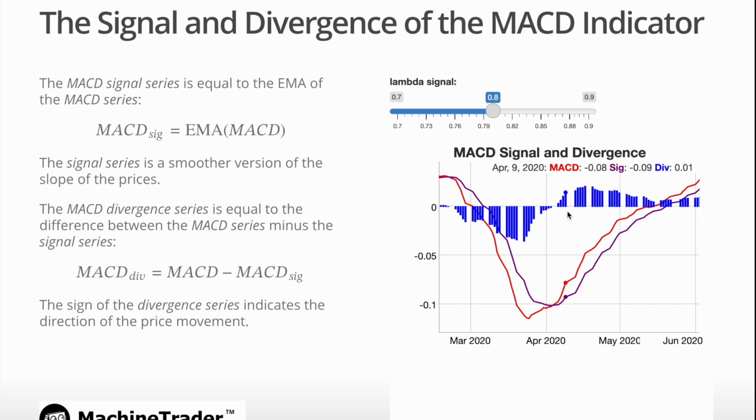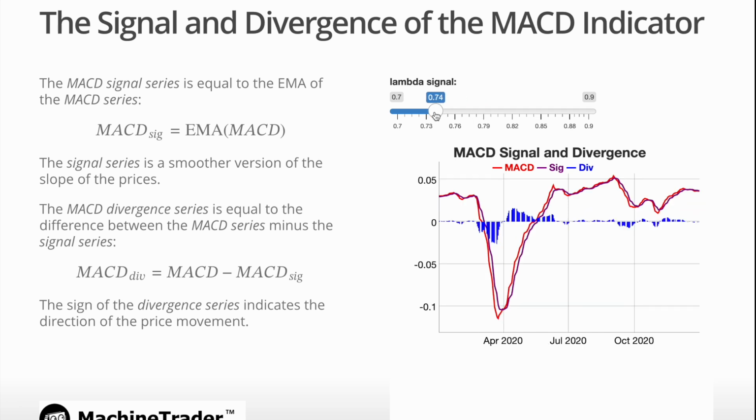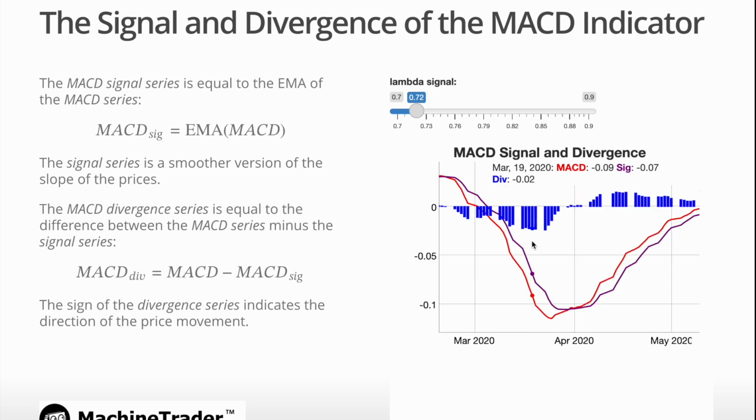We can reduce that lag by decreasing the lambda. So if we decrease the lambda and zoom in, we can see now that the sign of the MACD divergence changes on March 30th, not in April.